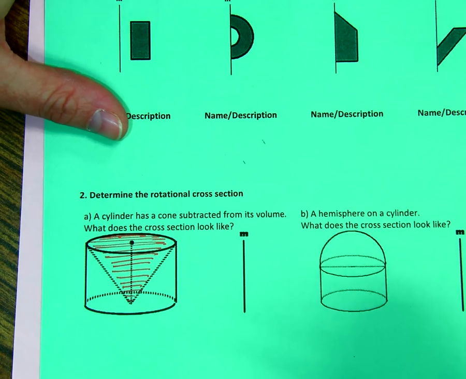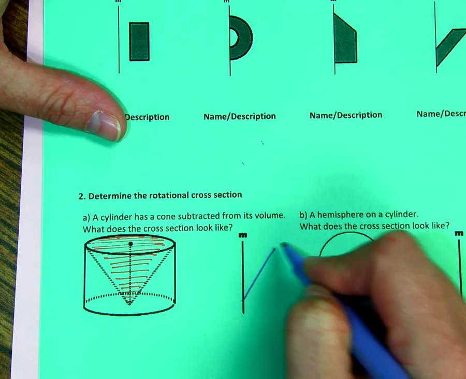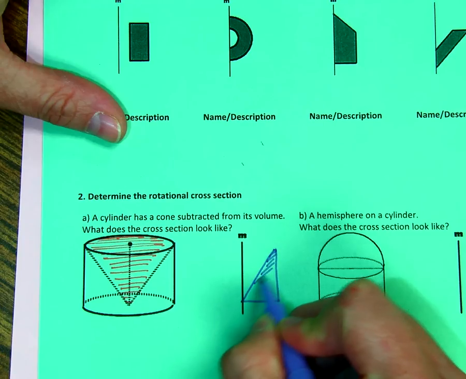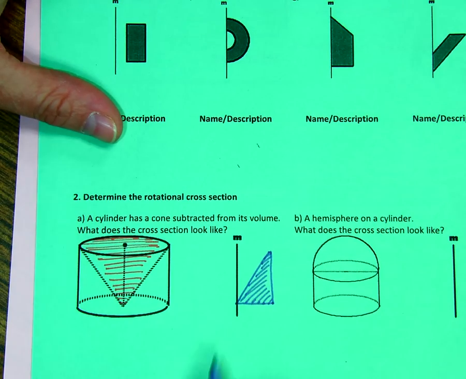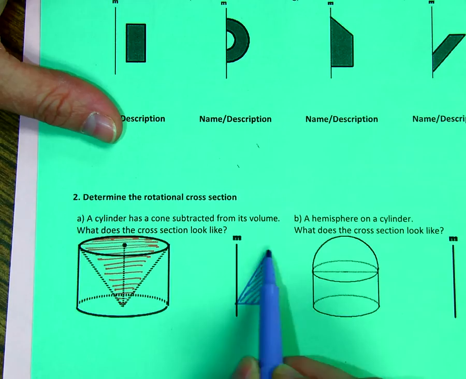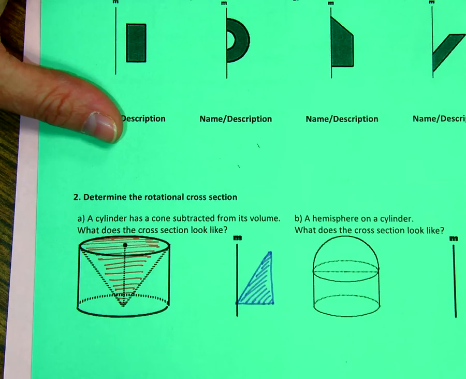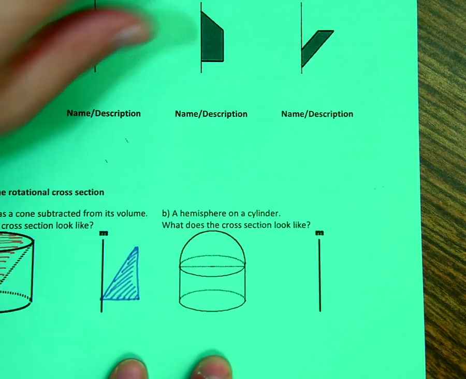Again, I would pause the video. And that is the shape that you would have. Okay, so if I rotated this figure, it is going to give me a 3D cone right in the center of it. Okay, so go ahead and try this one as well.